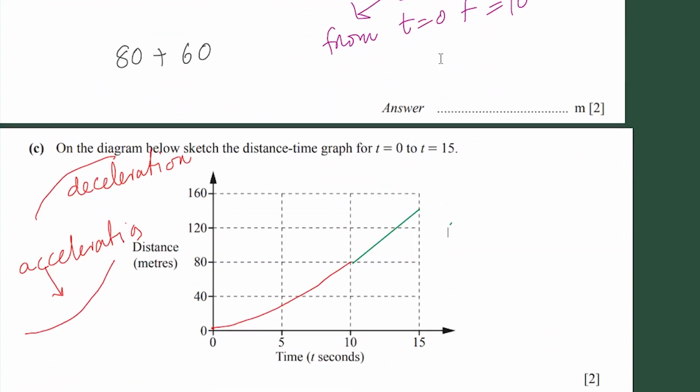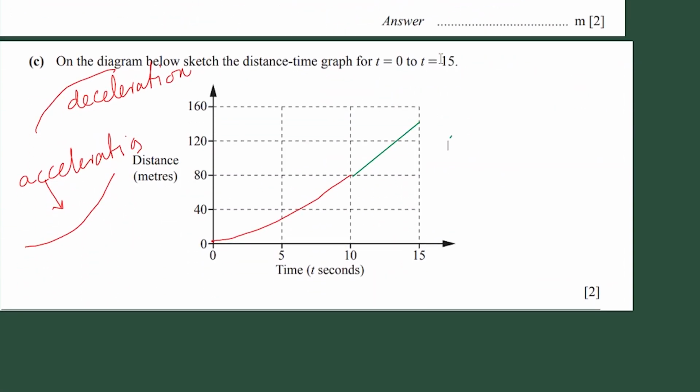So in that part we will draw a straight line. So from 0 to 10 the car covered 80 meters, whereas a further 60 meters were covered. Means from 10 to 15 the distance covered will be starting from 80 till 140.